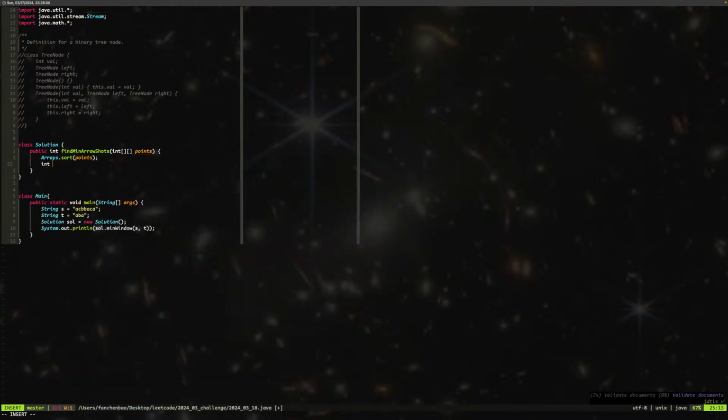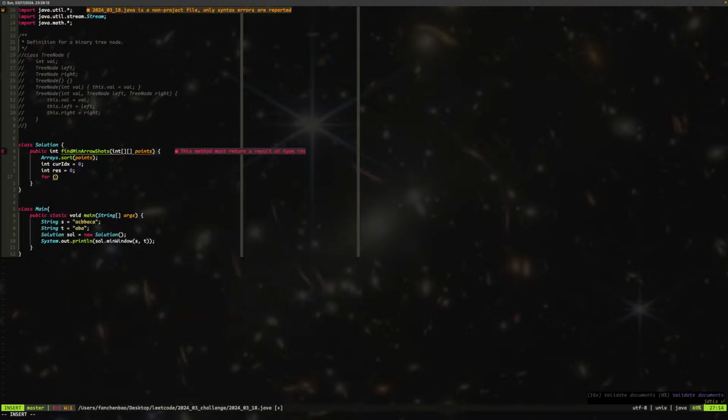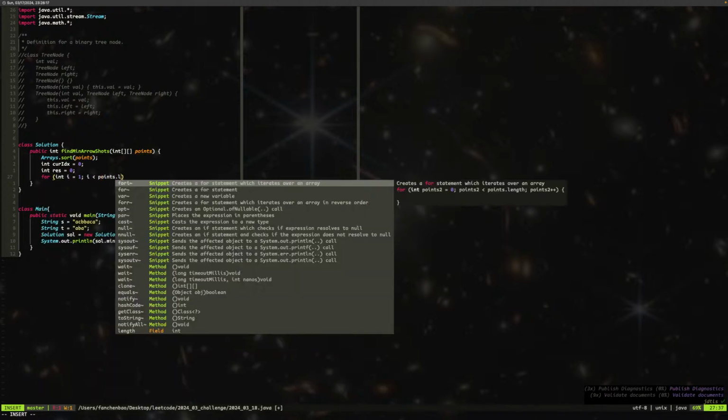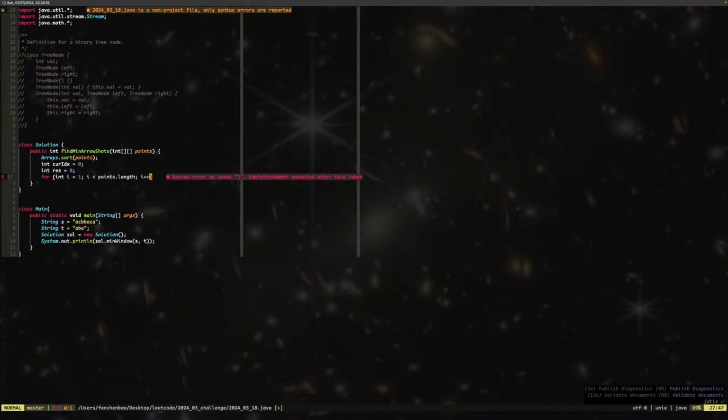So int currentIndex should be 0, and int res is also 0. Then for int i = 1; i < points.length; i++. Let's see if this works.